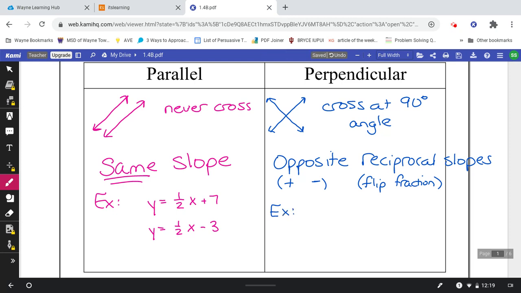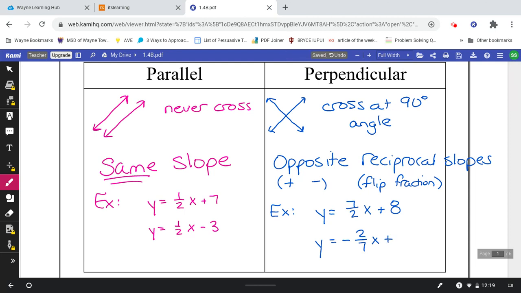For example, if you had y equals 7 over 2x plus 8, the perpendicular slope would have to be then the opposite sign of the 7 over 2. It was a positive, so I make it a negative. Then I flip the fraction. And then this number here can be anything.